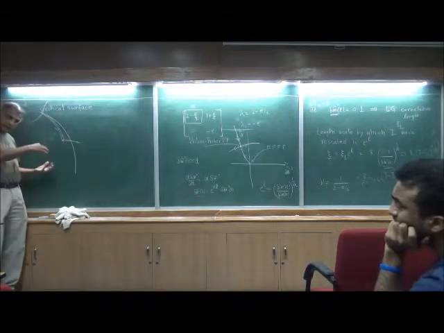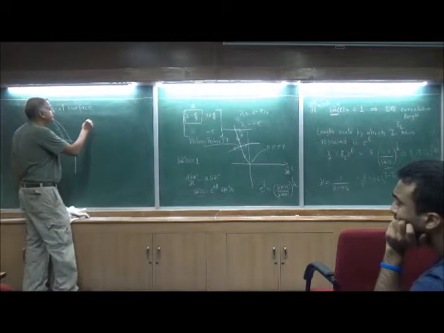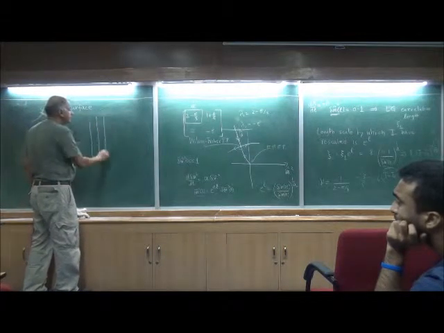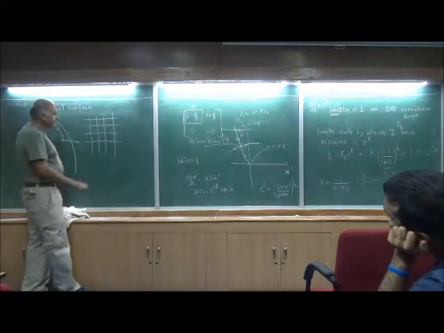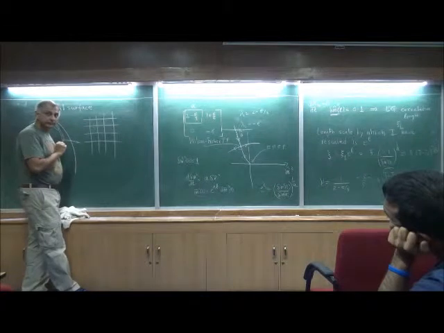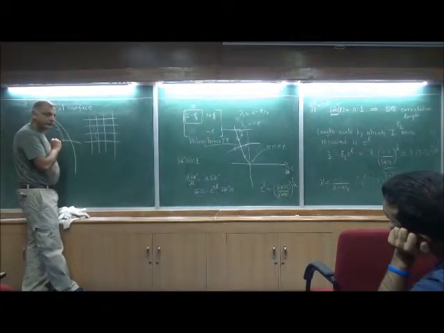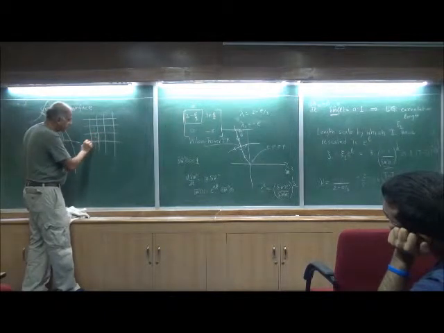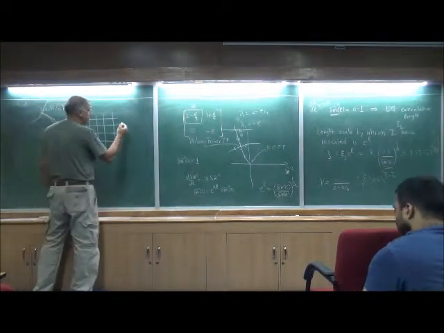So let me give you a specific example. Let's take my two-dimensional Ising model. I can certainly have a nearest neighbor coupling, which I will call J1. I can have a second neighbor coupling, which I can call J2. I can have a four-spin coupling around a plaquette that I can call J plaquette.